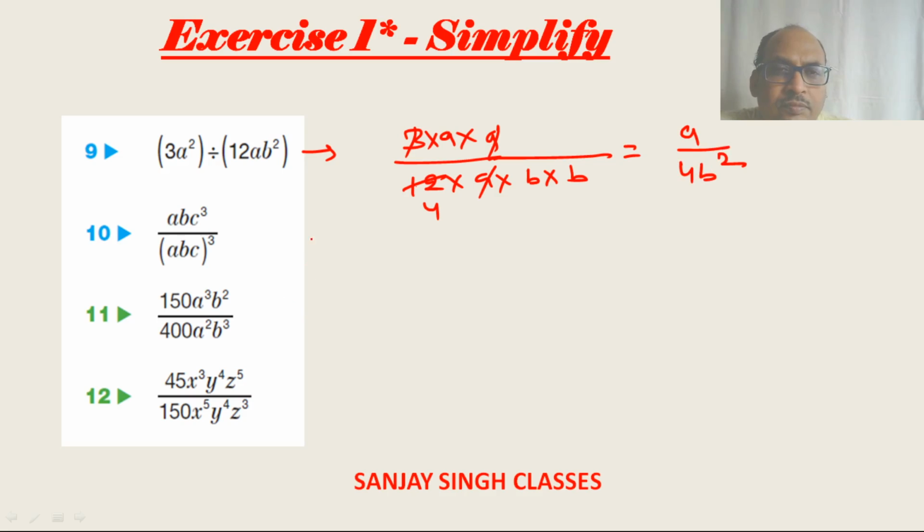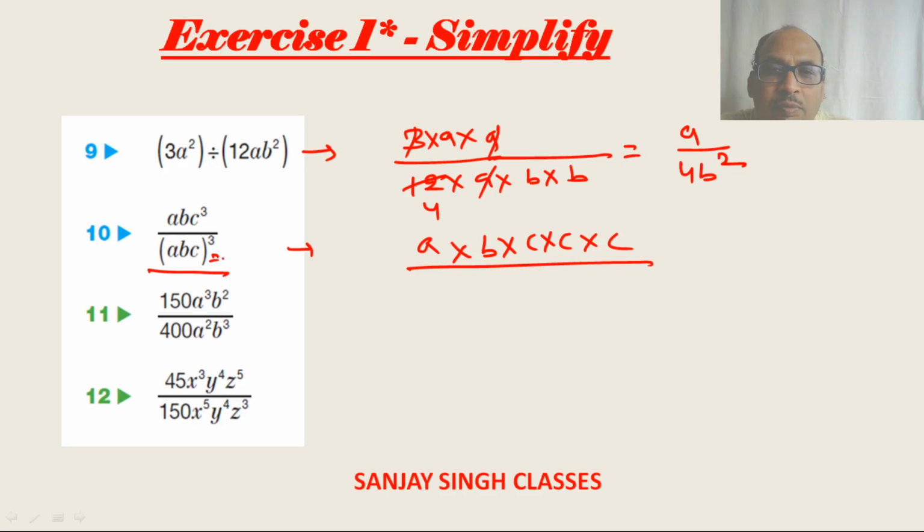Right. This one, A, B, we will write multiplication into B into C into C into C. Divided by, here ABC whole cube is there. So ABC whole cube will be equal to A cube, B cube, C cube. Okay, complete cube will be there.